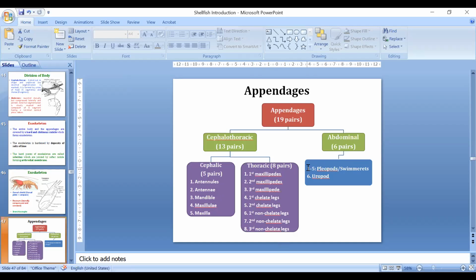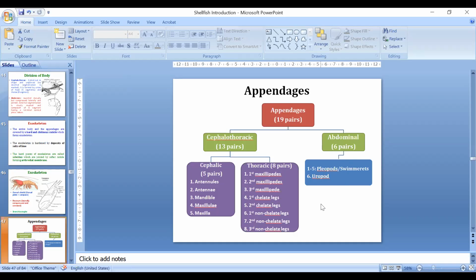They are known as first to fifth pleopods, meaning first pleopod, second pleopod, third pleopod, fourth pleopod, fifth pleopod, or we can say first swimmeret, second swimmeret, third swimmeret, fourth swimmeret, or fifth swimmeret. And the sixth abdominal segment has the appendages known as uropods.